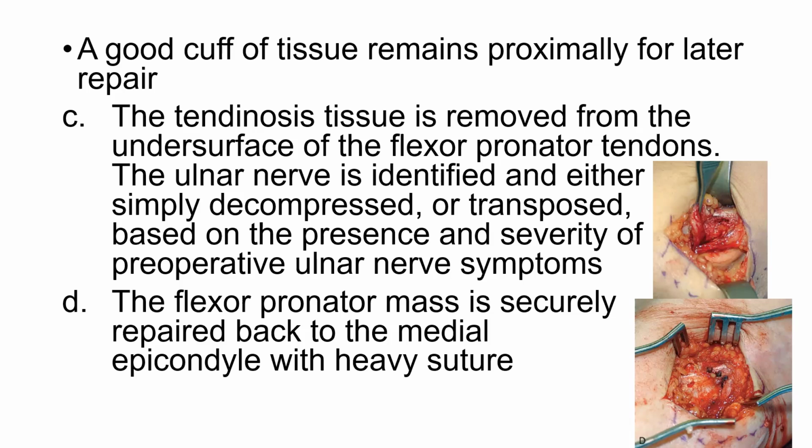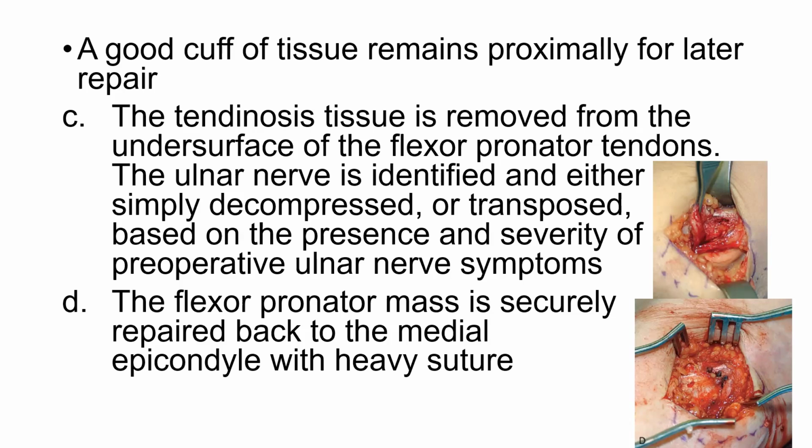You remove it, you discard it, but you leave a cuff so as to be able to repair the tendon back again. The flexor pronator mass is securely repaired back to the medial epicondyle after you have done this.